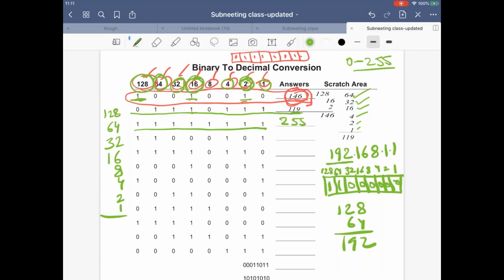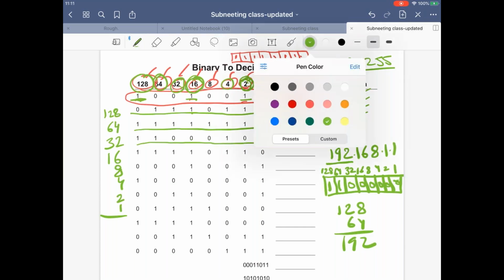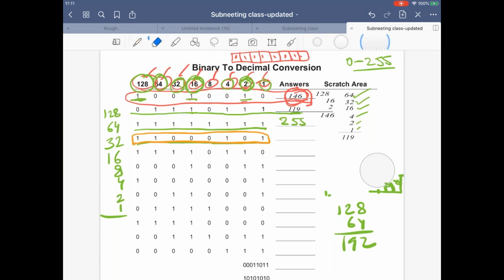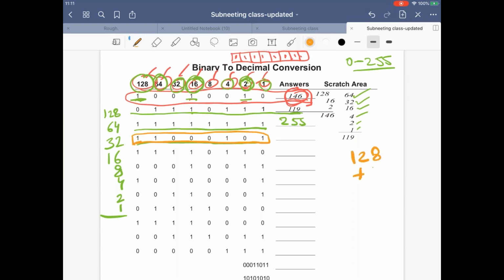See here, check this line, what will be the answer? We'll have to calculate it. 128 plus 64 is 192.